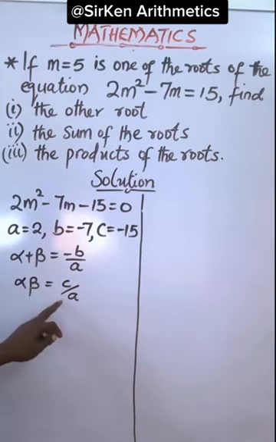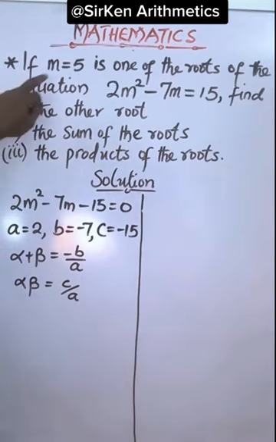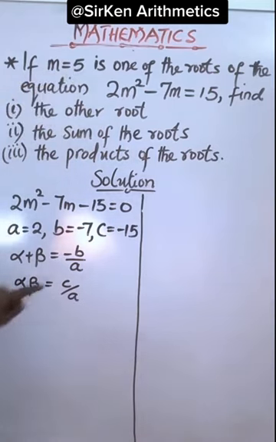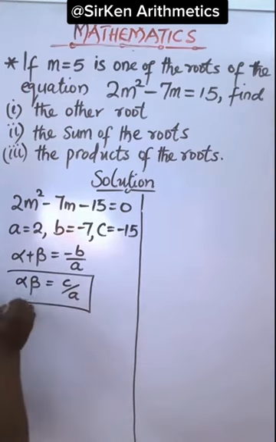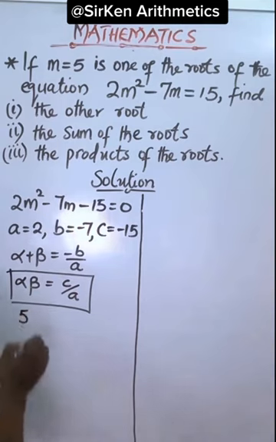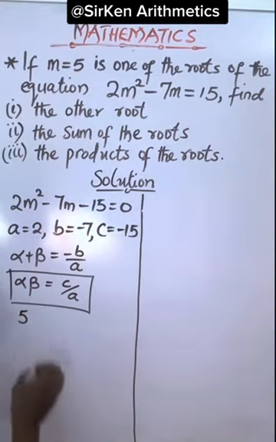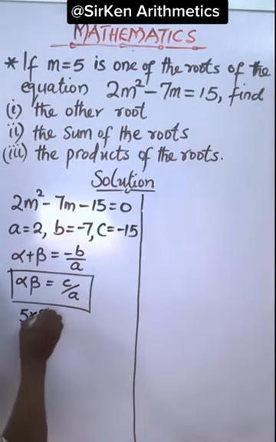But let's move on. They gave me one of the roots as 5. So I will choose any one I want to make 5. So for me, let's make alpha 5. So it means where I'm using this one first: alpha, let's call it 5, which is given in the question, times the second root, beta.